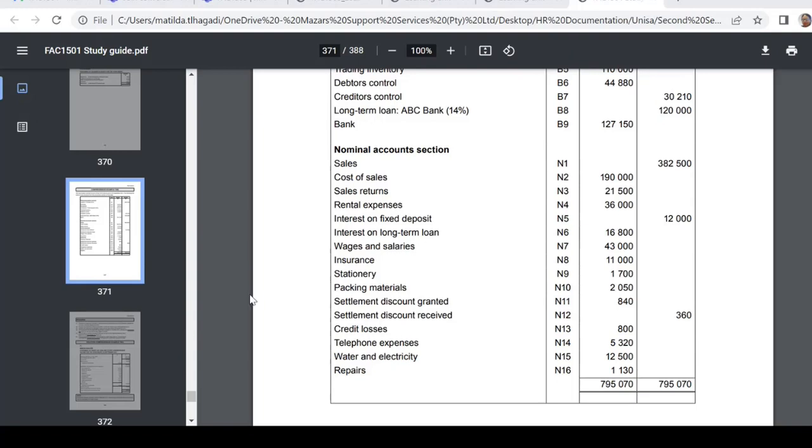Are you guessing or are you calculating? Because you can calculate. We will say sales minus the cost of sales. Yep, it would be a profit of 192,500. Sales minus cost of sales, so 382,500 minus 190,000.